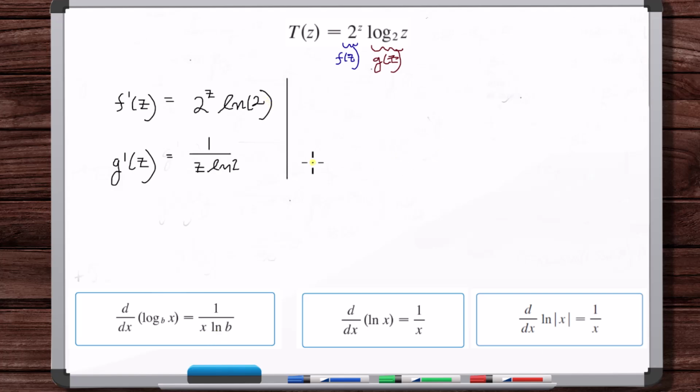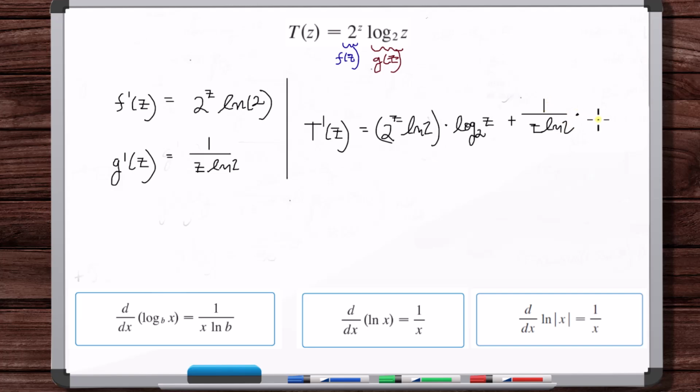Okay, so the derivative of the first, 2 to the z natural log of 2, times the second, plus the derivative of the second, times the first.